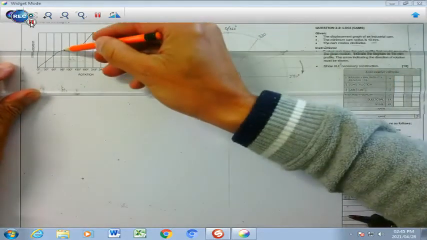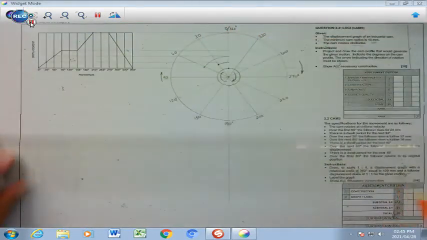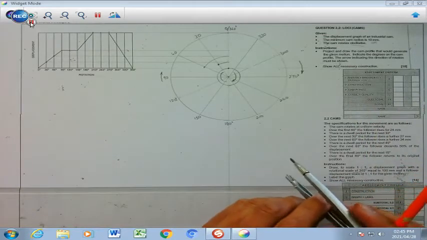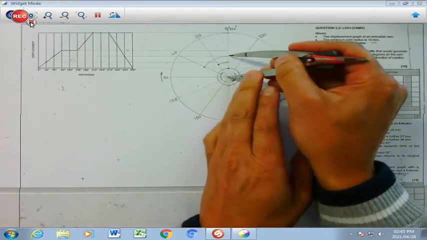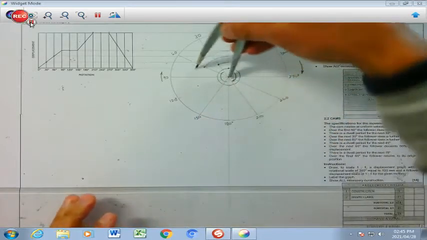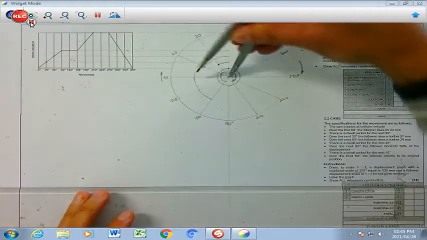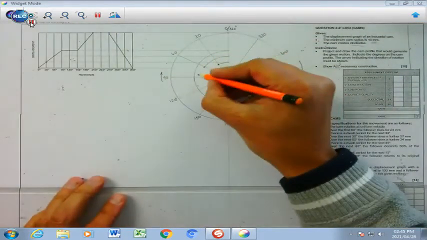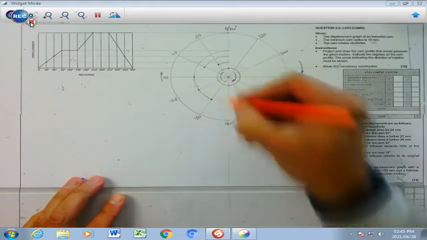So I'm going to project that across onto my center point, and the three values 90, 120 and 150 will be all on the same line. So I'm going to anchor it there, stretch my compass and project that 90, 120, and then you have your 150. So those 3 points will be in the same line. I'm going to clearly mark them.